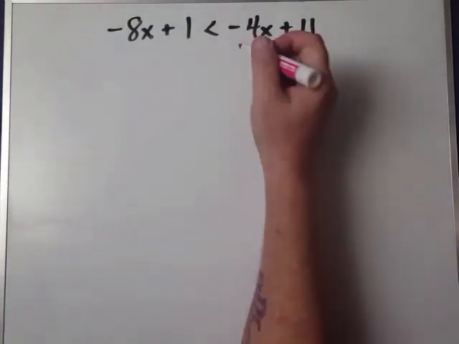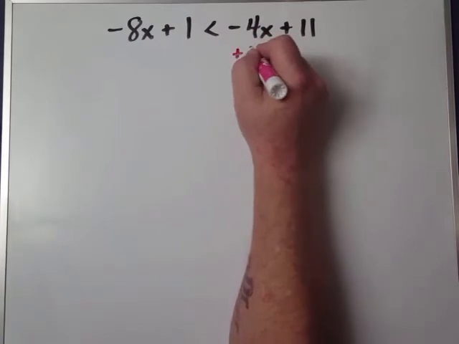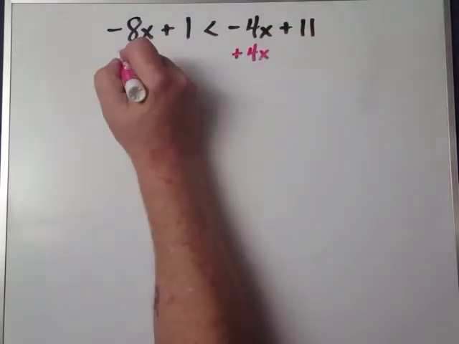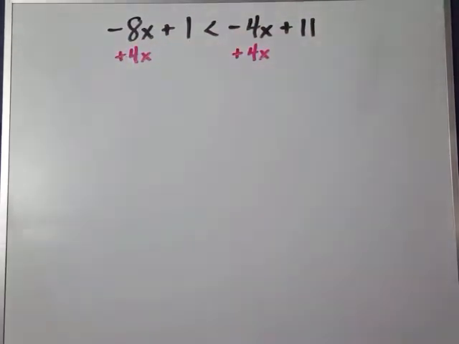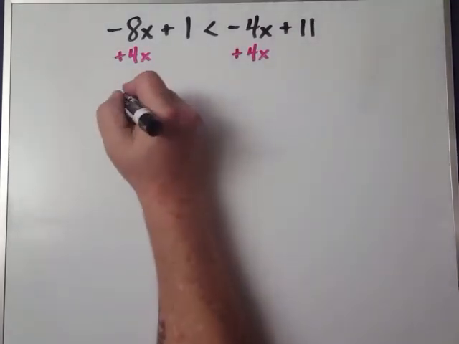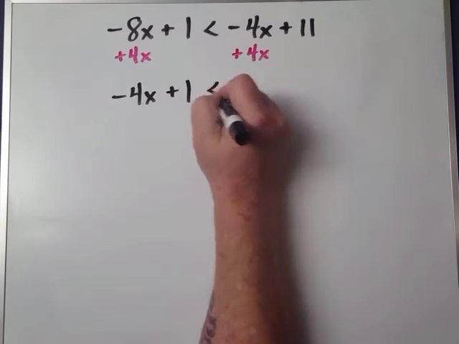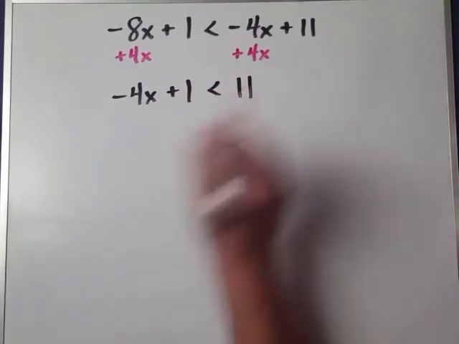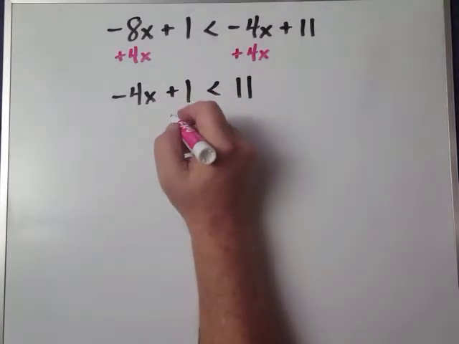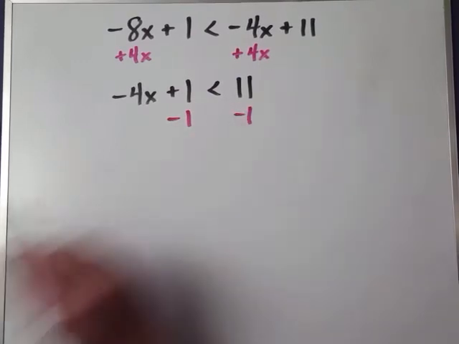Let's work this one taking my x's to the left. Add 4x to both sides. Get x by itself. Subtract 1 from both sides.